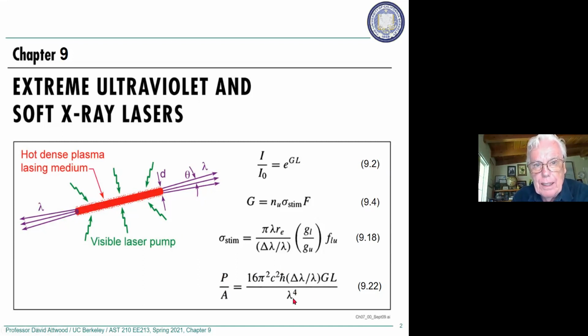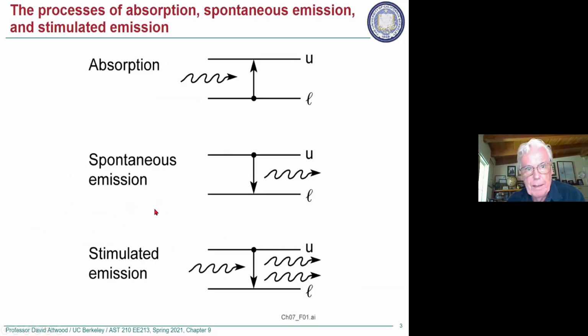But basically, it's a tough game to get to shorter wavelengths, because if you go from, let's say, a 20 nanometer laser, there's a few that you'll see in a moment at 18.2 and 18.9 nanometers, to go another factor of 2 from there, you need more than an order of magnitude of driving power per unit area. So it's a tough game.